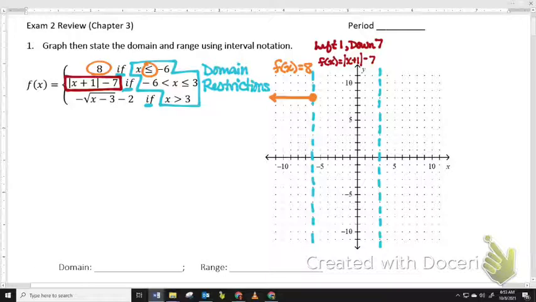So going to the left 1 and down 7 would put me right here for the vertex of this absolute value. There are no stretches or compressions compared to the parent because we don't have an a value out in front here. So from that vertex moving to the right, it has a slope of 1 until we hit the fence.